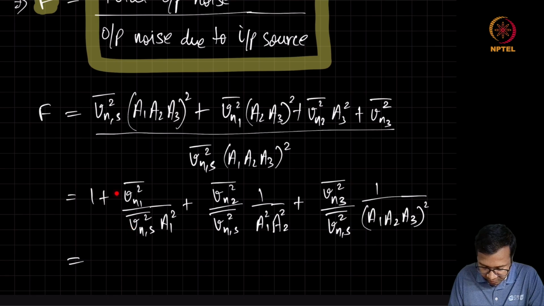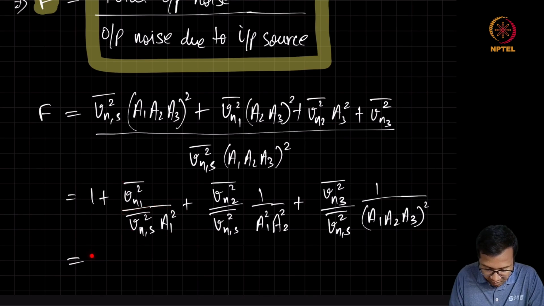If we look at this expression carefully, we can see that this is the output noise at the first stage, and this is the output noise at the first stage due to the input source.